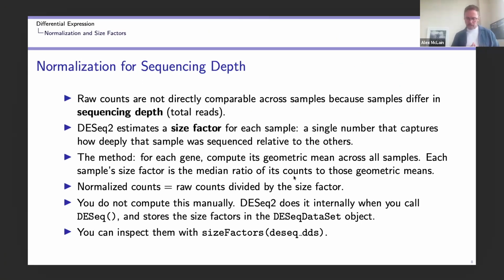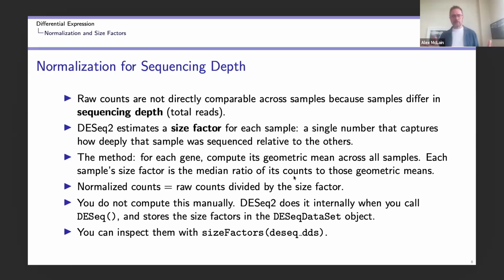Okay, so the next part of this is normalizing for sequencing depth. This gets to the point that the total number of reads that we have is going to be different sample to sample. How DESeq2 controls for this is it estimates a size factor for each sample, which is going to be one number that captures how deeply that sample was sequenced relative to others.